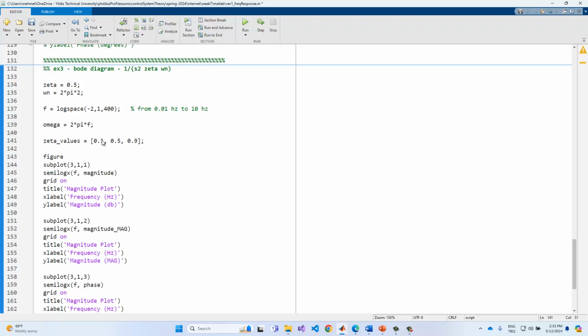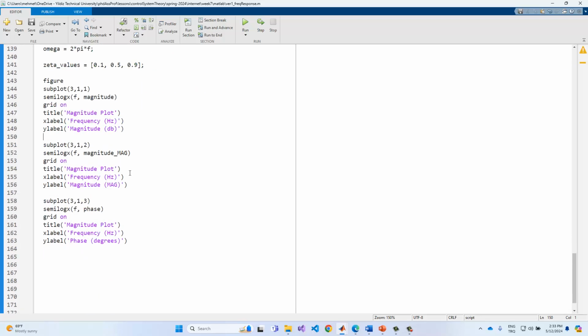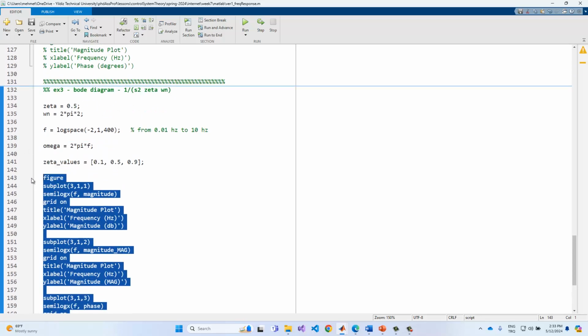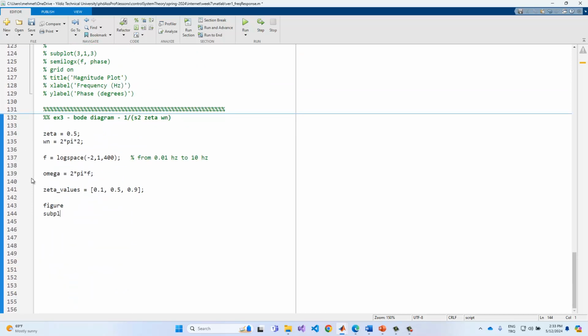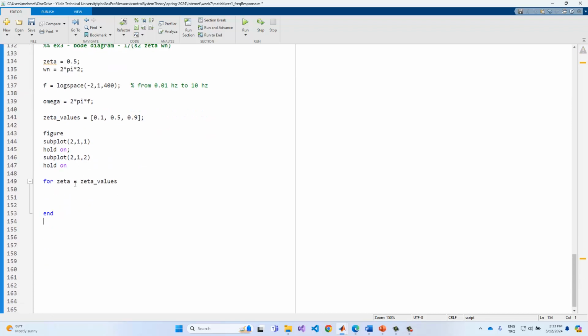Okay, and so we can observe the effect of the different chosen zeta values in here, just like this one. Okay, and so we can create the figures and the subplots in here: subplot 2 1 1 and hold on, subplot 2 1 2 and hold on, and for zeta, the zeta values can be utilized in here, just like this one. And so we can search the whole zeta values by using these codes.